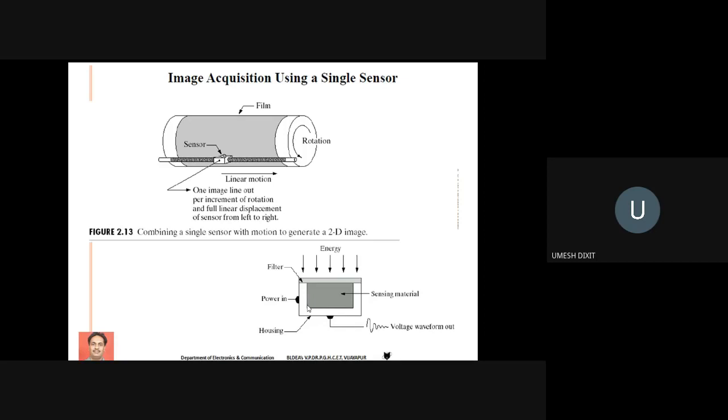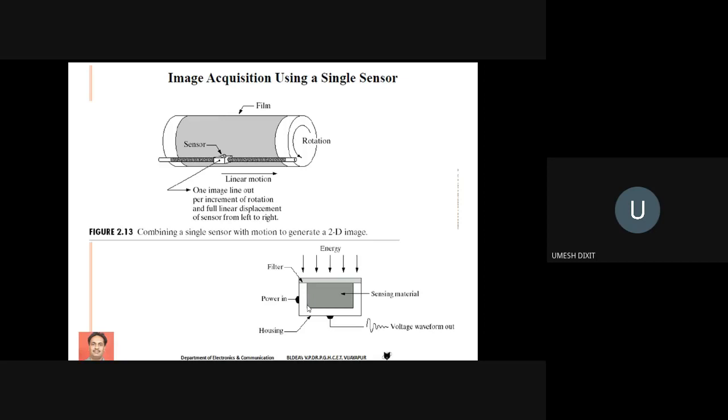But however, to capture the image, we require movement of the sensor in both x and y direction. So if you want to capture any image, usually it will be a rectangular scene. So when you observe any image with your eye, it appears to be a rectangular scene.